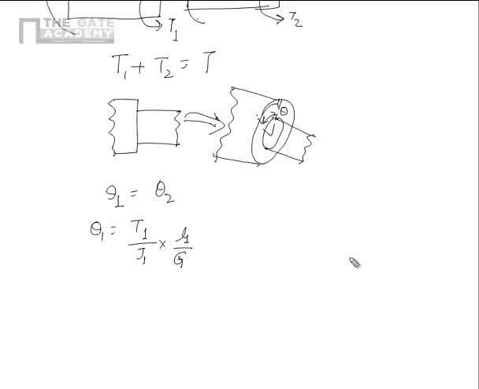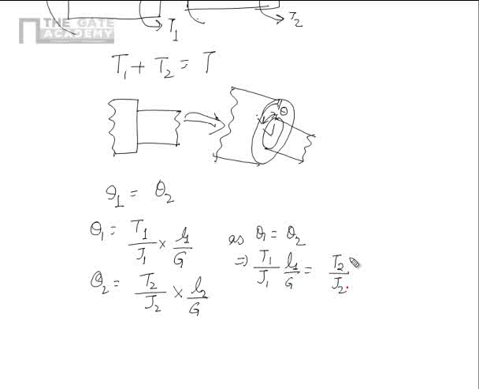And the second twist is T2 upon J2 multiplied by L2 by G. Because theta 1 is equal to theta 2, I will say T1 by J1 into L1 by G is equal to T2 by J2 into L2 by G, which is nothing but T1 by J1 into L1 is equal to T2 by J2 into L2.